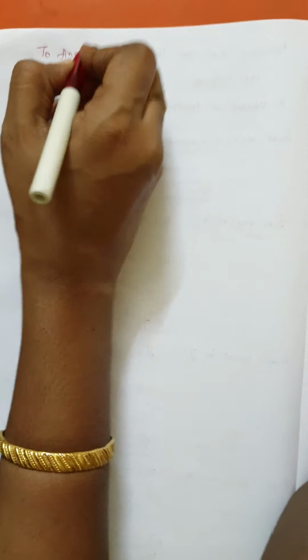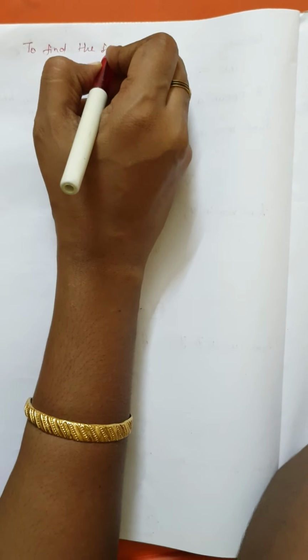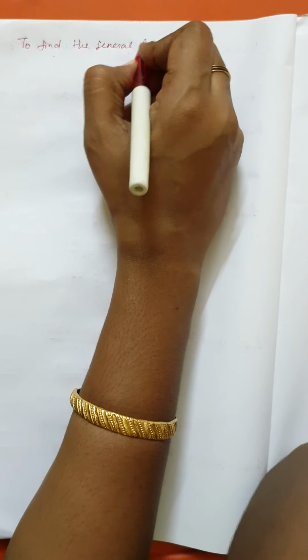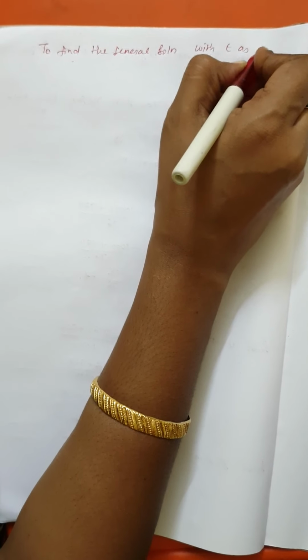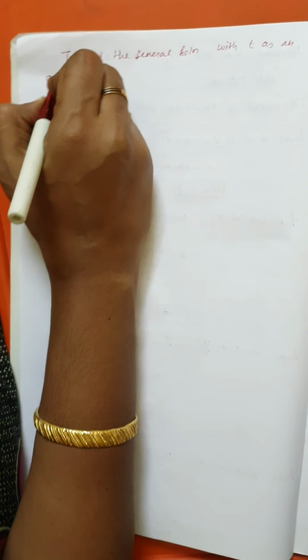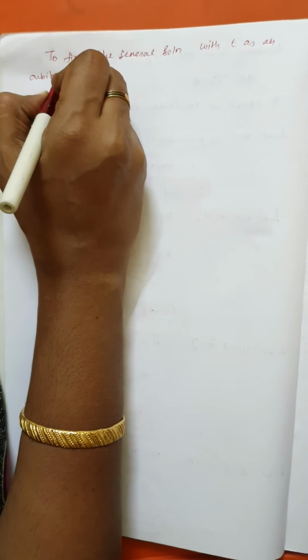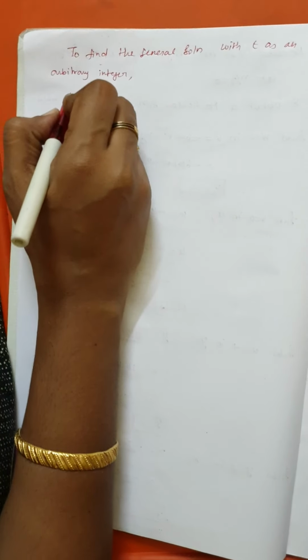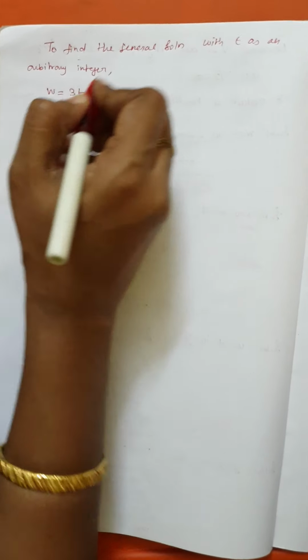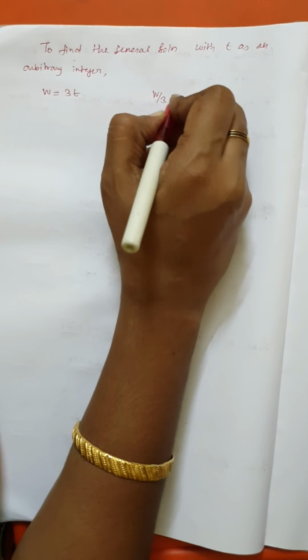To find the general solution, with t as an arbitrary integer, we'll get w is equal to 3t, that is w by 3 equal to t.